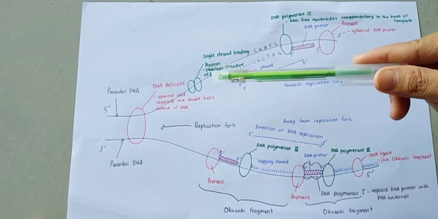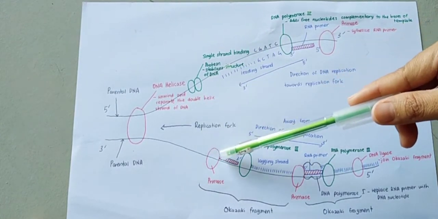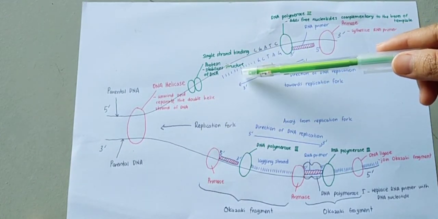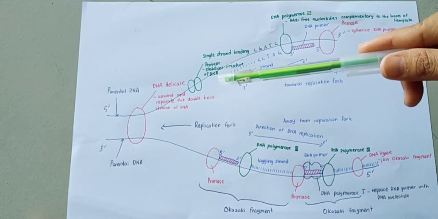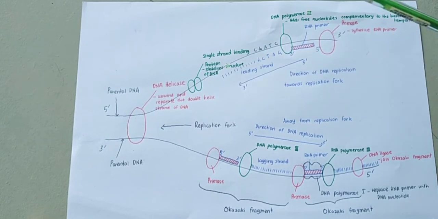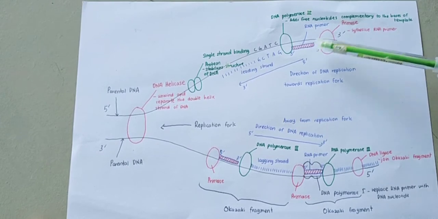Okay, and then next, once DNA is already separated, single strand binding protein will bind to each of the DNA strands and then it will stabilize the structure of DNA. Stabilize the structure of DNA means that it will prevent repairing of DNA double-stranded until the strand is already copied. Okay, another one adalah sebenarnya Topoisomerase ataupun DNA gyrase.